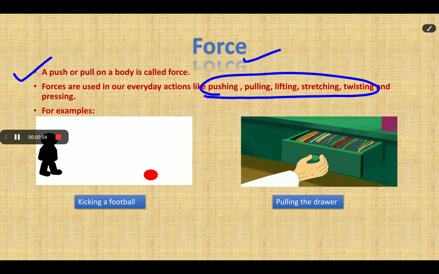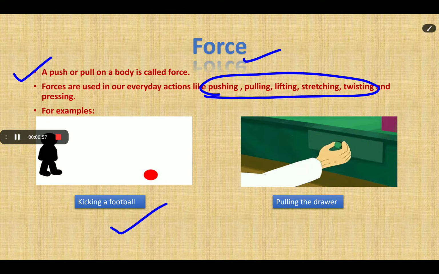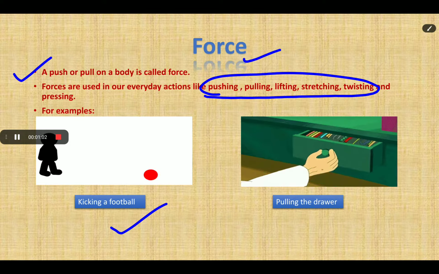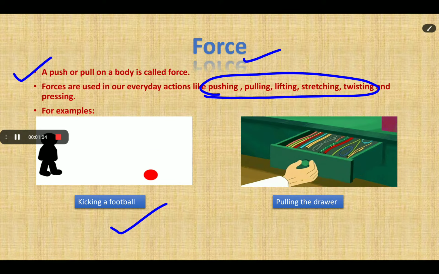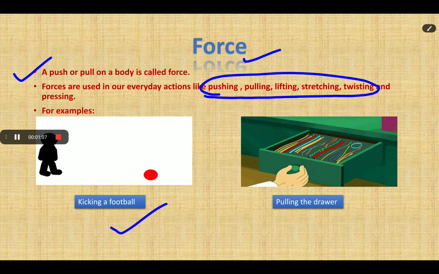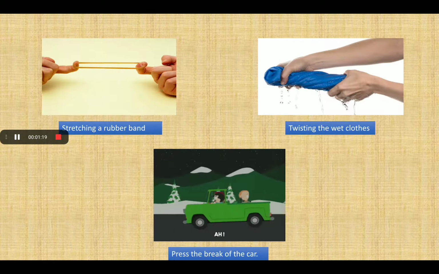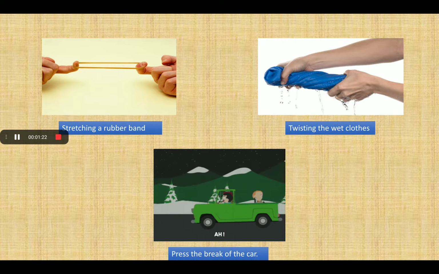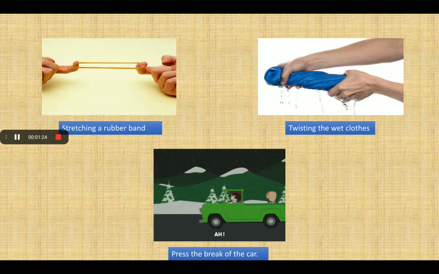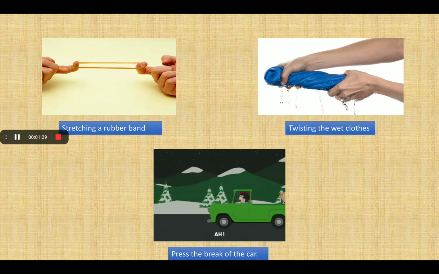As you can see in the image, kicking a football means a force is used when we kick a football, or we can say that a force is used when we push the football. Similarly, pulling a drawer means we apply a force when we pull the drawer. Now, in the next slide, stretching a rubber band. In this, a force is used when we stretch the rubber band from both ends.